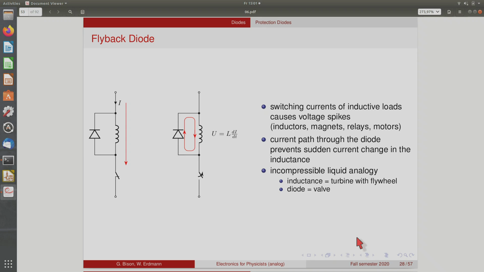The last application of a simple diode that we have here now is a so-called flyback diode. These are needed when you switch inductive loads.